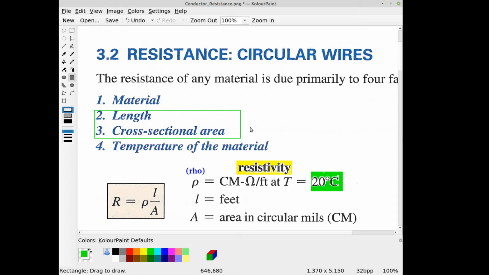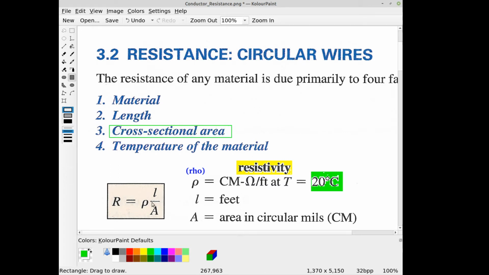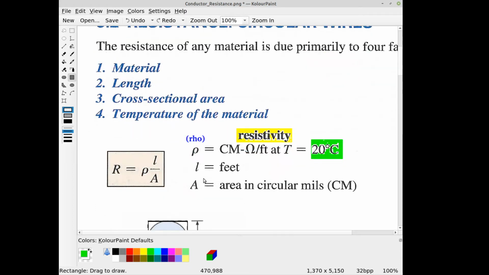As the current has to move through material, the longer the material is, obviously the more resistance there will be. That's why the length is on the top. The cross-sectional area is in the denominator because if there is more area, more electrons will be able to move through side by side. So the larger the area, the easier it is for those electrons to move through the material.